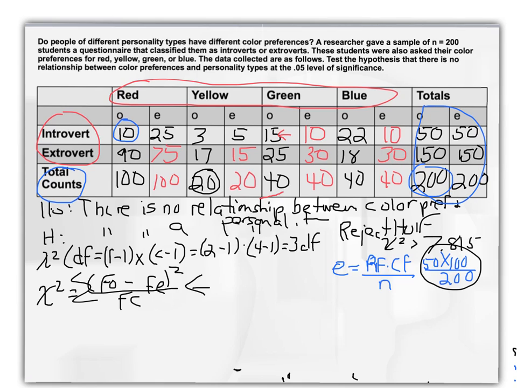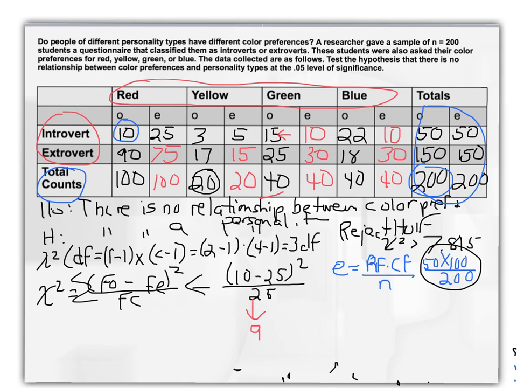So in our first cell, and I'll just do it for the first one, we're going to take 10 minus 25, square that, divide that by 25, and you're going to get, that's 15 squared, which is 225 divided by 25. That gives you a 9.